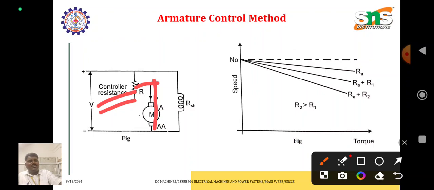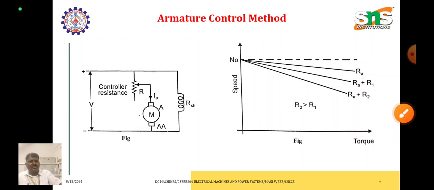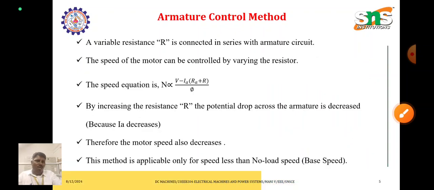Here the field remains the same, so the only thing we have to change is the armature alone. The variable resistance is connected in series with the armature circuit.